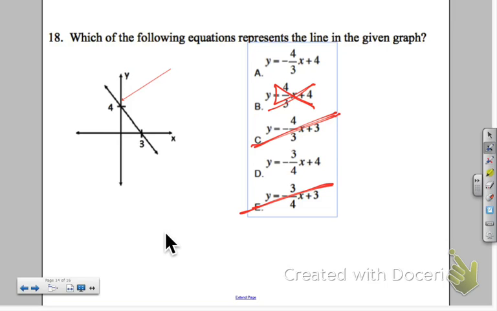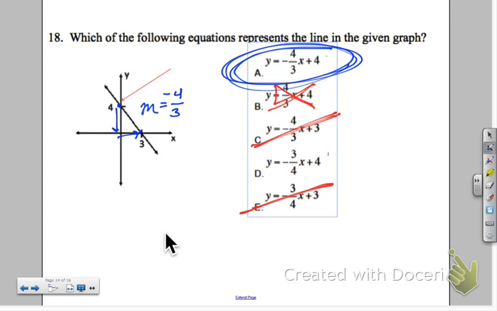Now, is it 4/3 or 3/4? Well, we go from this point to this point. They don't give us a lot. It's actually really straightforward. You have to go down 4 over 3. So your slope, the rise over run, is 4 down, 3 forward. So the only line that has a y-intercept of 4 and negative 4/3 slope would be A. So that's your correct answer.